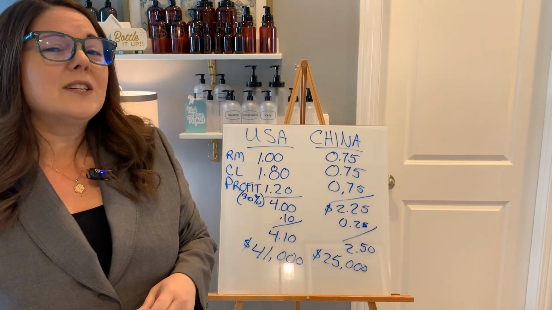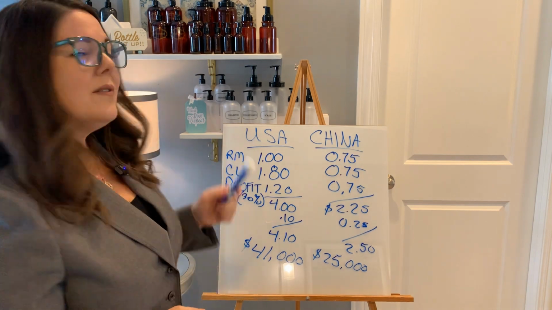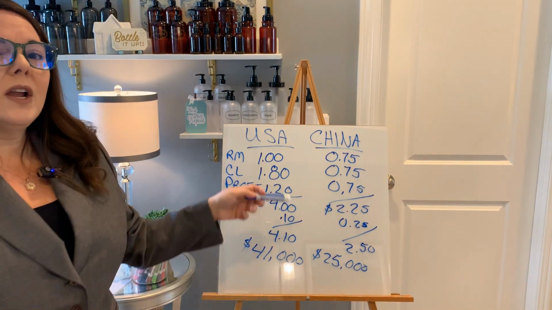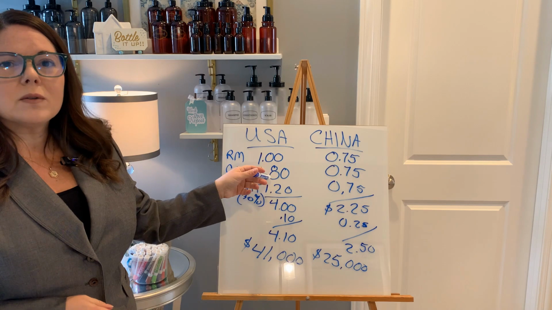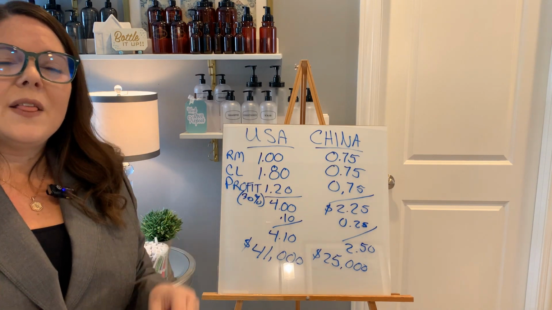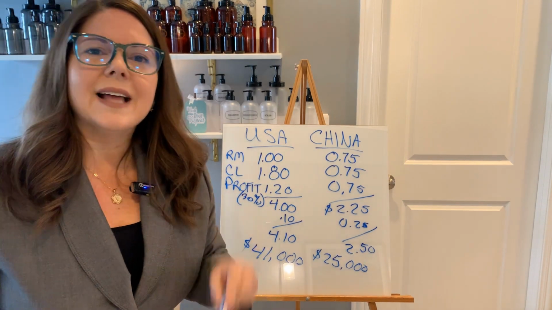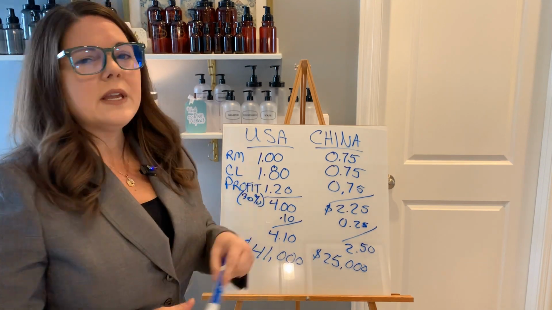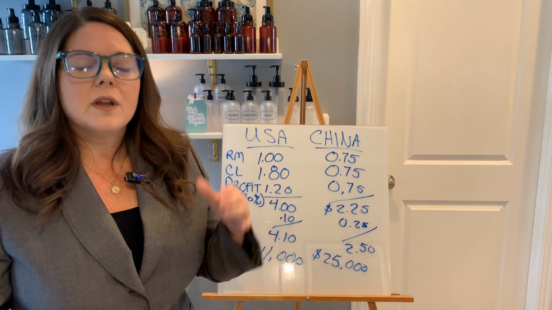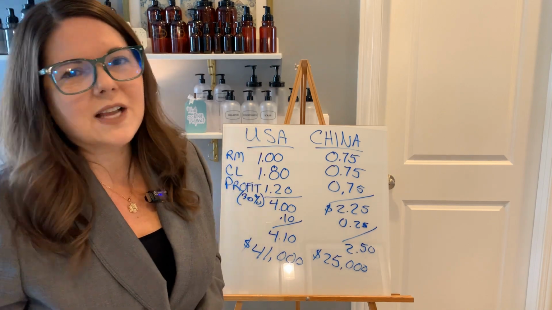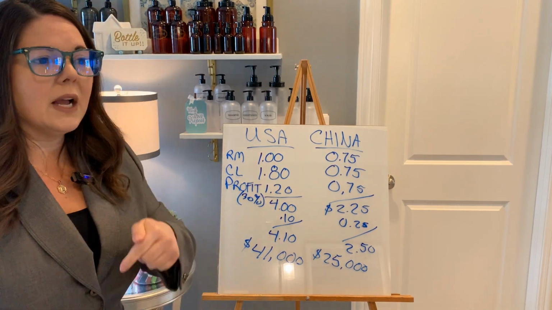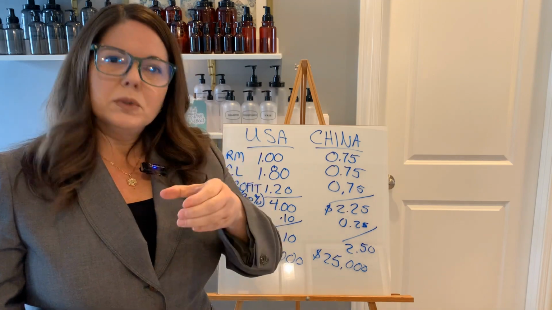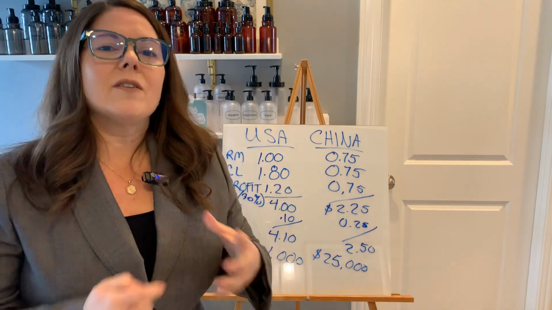And I'm going to tell you a little secret you may not know. Even the U.S. suppliers who make the bottles, the manufacturers, they actually are getting a lot of their raw materials from China. And sometimes they're even getting the preforms. I don't have time to go through it in this video, but a plastic bottle that is blow molded starts out as a preform.